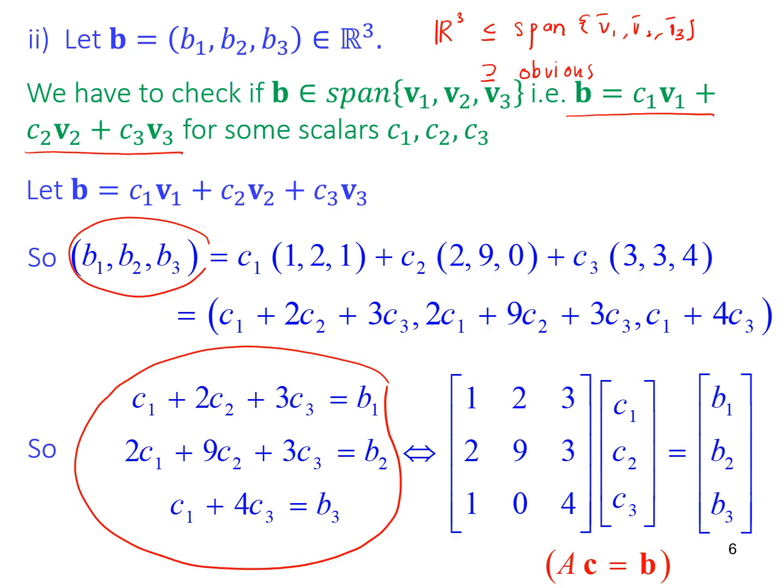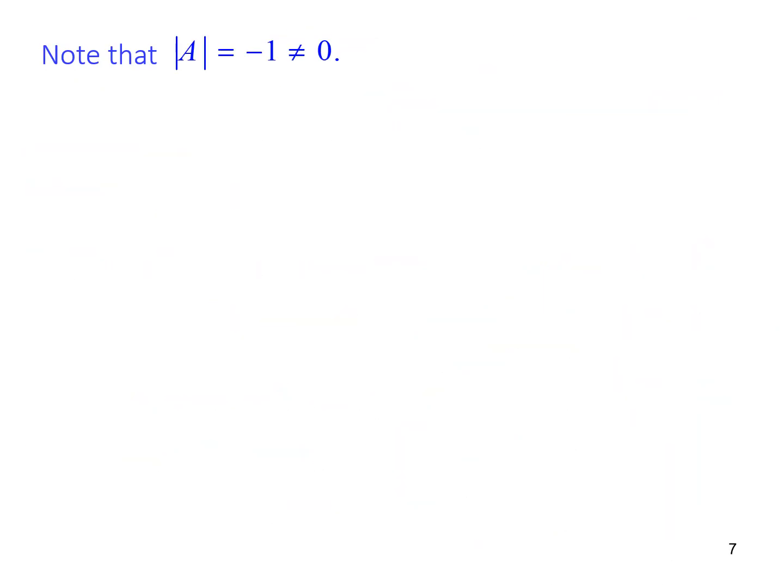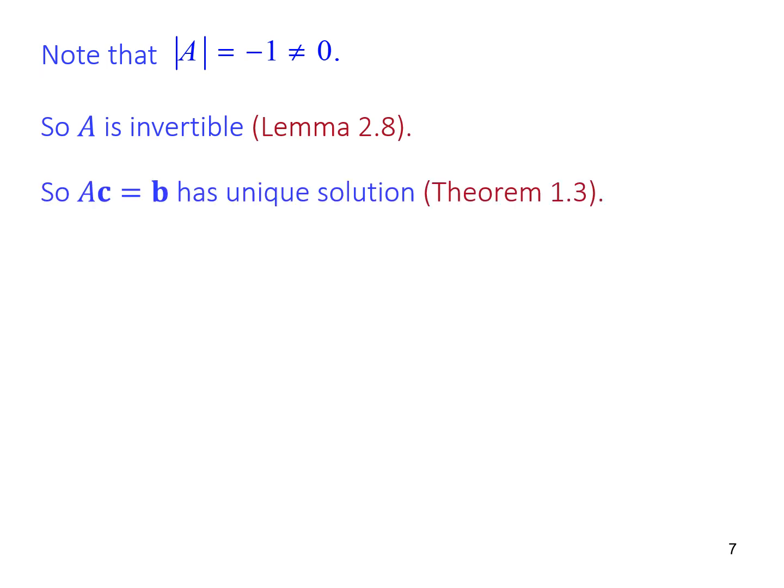Okay, the matrix A here is the coefficient matrix for the system of linear equations. And we found that the determinant of A is not equal to 0. That means A is invertible, and that also implies that the system of linear equations that we found in the previous slide has a unique solution.